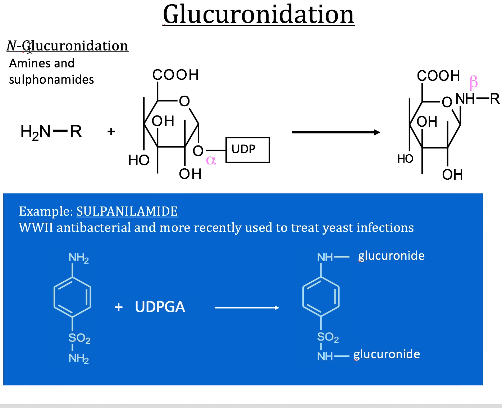Now the next type is N-glucuronidation. Similar to the O, it's the NH2, and you've got the UDPGA right there. What happens is you lose an H, and then you form this. Sulfonamide is usually an antibacterial used a long time ago. It's not present anymore, but it was used for treating yeast infections.